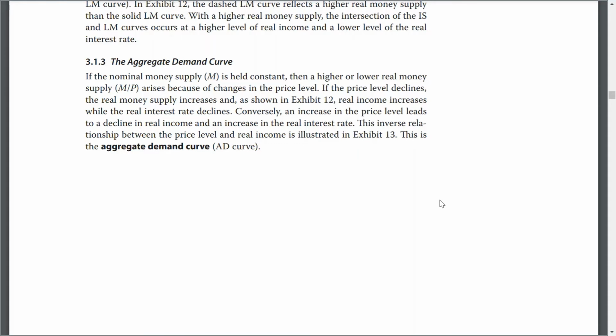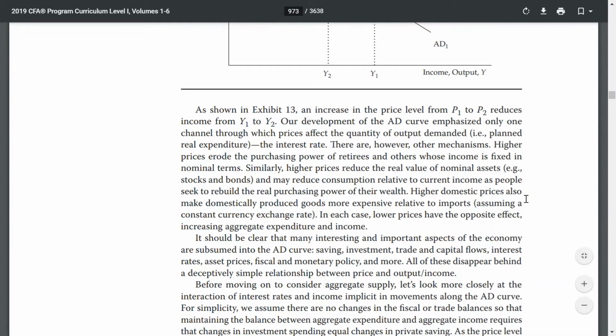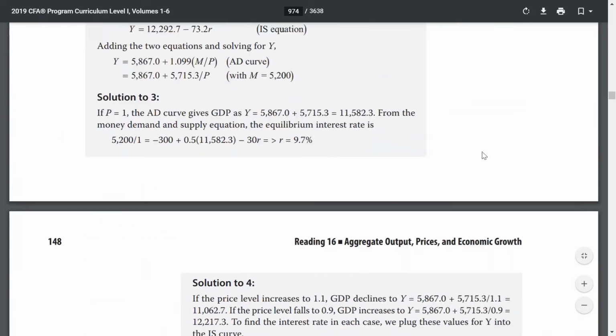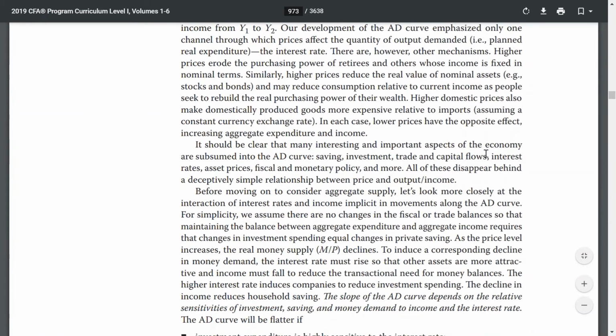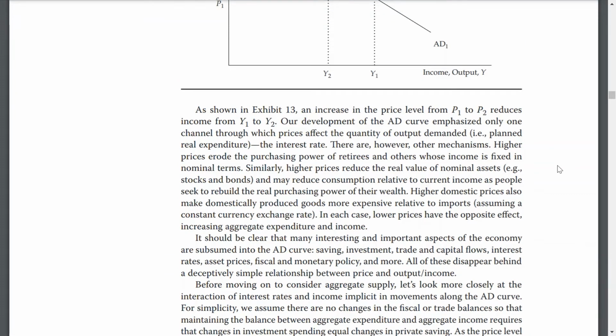This inverse relationship between the price level and real income, as illustrated in Exhibit 13, is the aggregate demand curve, or AD curve. As shown in Exhibit 13, an increase in the price level from P1 to P2 reduces income from Y1 to Y2.